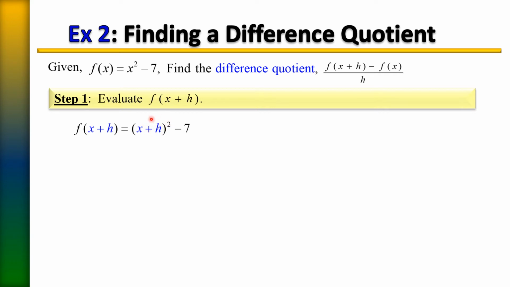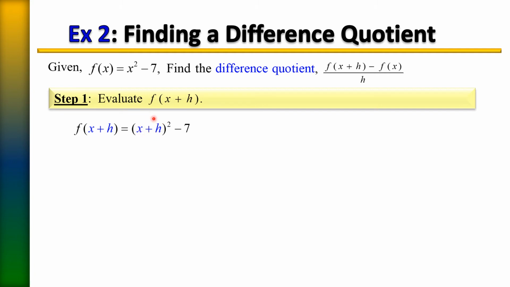So here, because we have a binomial squared, we need to first simplify that. And recall, we can use the square of a binomial formula, which means square the first term. So the first term will be x squared. To get the middle term, multiply the number 2 with these numbers.